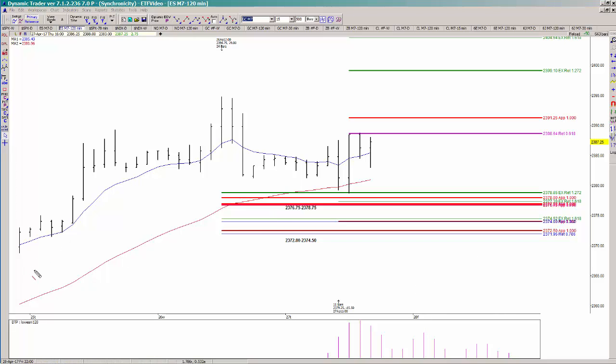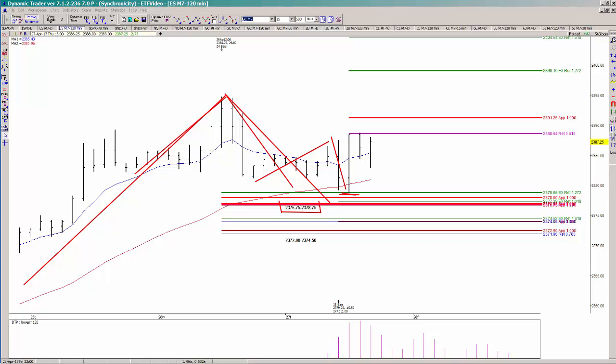Now, one of them was a 618 retracement of one of the larger swings, and then we also had extensions of, let's see, I believe it was this low to this high, and then this low to this high. Bottom line, we had good solid support for a decision at the 23.76.75 to 23.78.75 area.